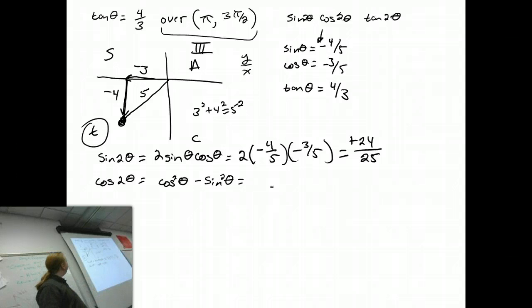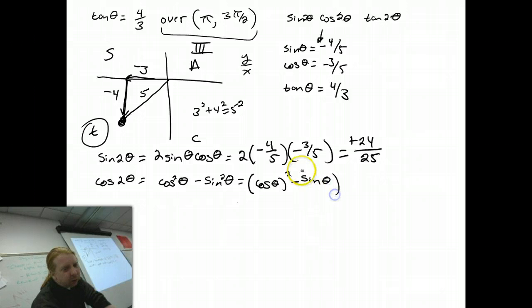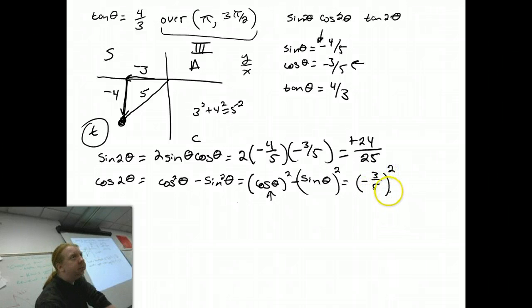Well, the key to this is cosine squared theta. Cosine squared theta is the same thing as cosine theta squared. I mean, we don't usually write it this way because of all the extra parentheses involved. But now I can see, well, I already know what cosine is. I found that up here. So I can write negative 3/5 and then square it.